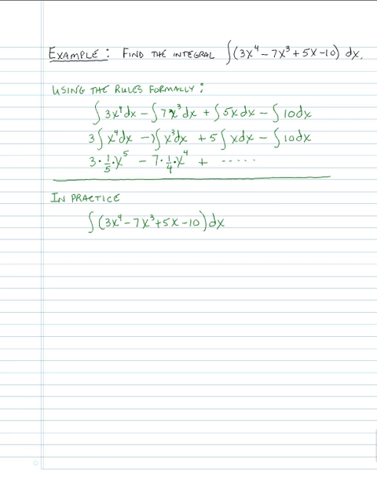Now I'm going to come underneath just so I can compare. Here's the way I think about this problem. I know I can break it up into 4 different integrals, but I'm going to just imagine, well, what if I'm just thinking about the first integral I would have? I really am just integrating that term. And since I have that constant 3 in front, I know that that's going to hang around just like I saw above.